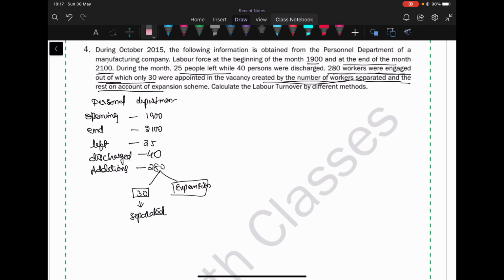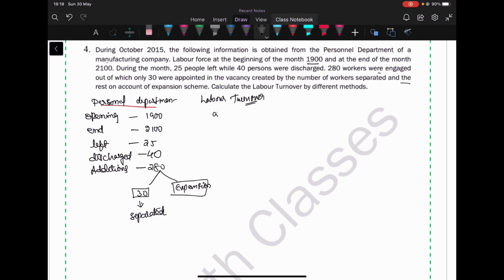For this, first I will write the formulas, then I will explain what labor turnover is. So, labor turnover under different methods. What are the methods we have for the labor turnover?